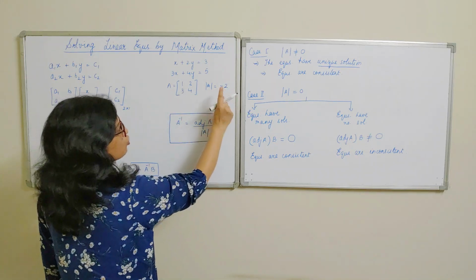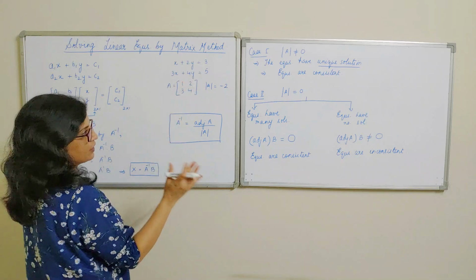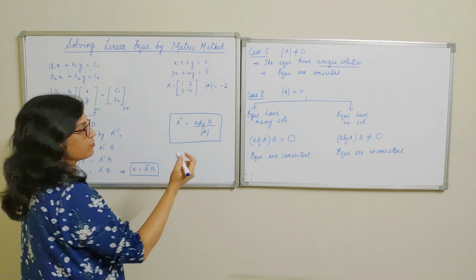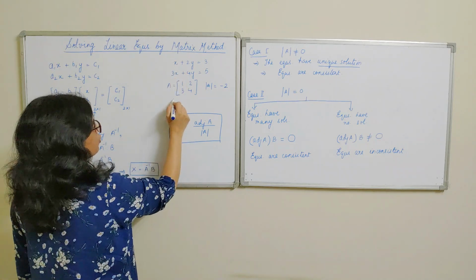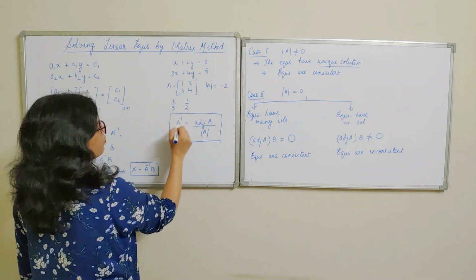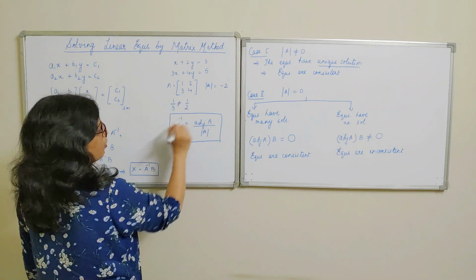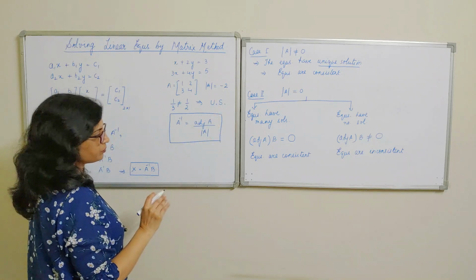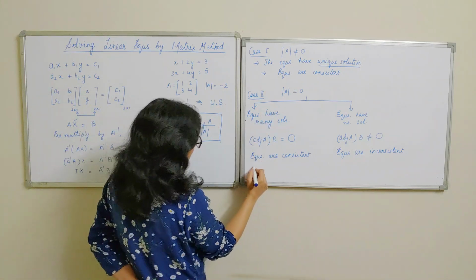Now the determinant is not 0, so in this case we know it is a unique solution. You can also use a concept that you've done in previous classes. Compare this ratio, which is 1/3, and this ratio, which in simplified form is 1/2. The two ratios are not equal, so the equations have a unique solution. For this case, let us have an equation.